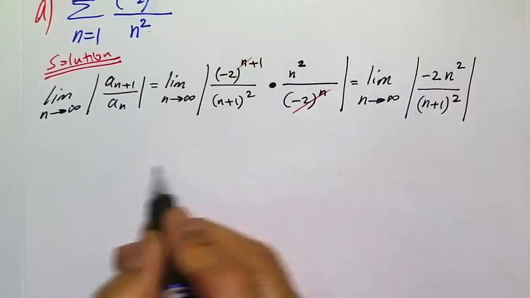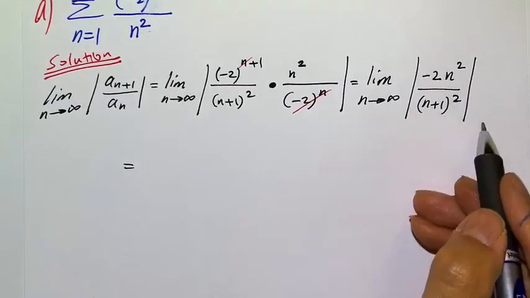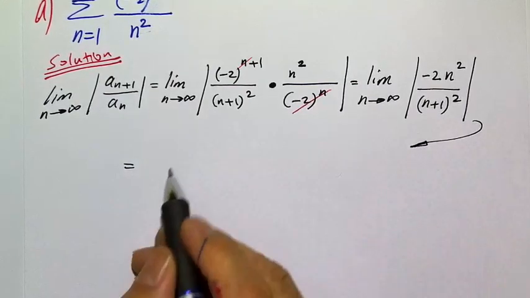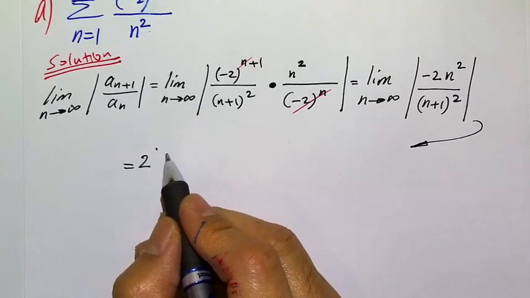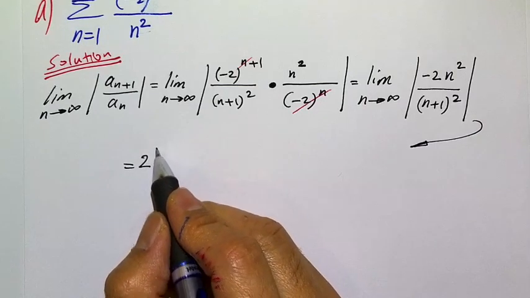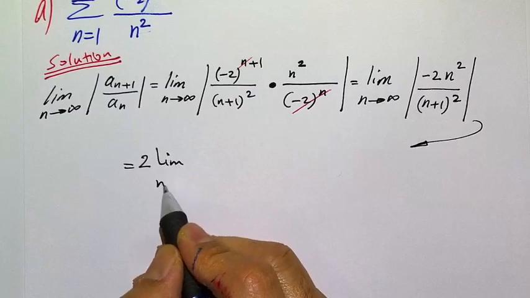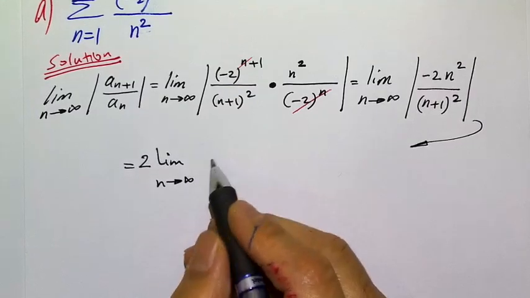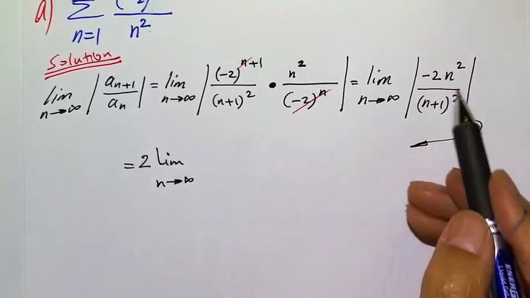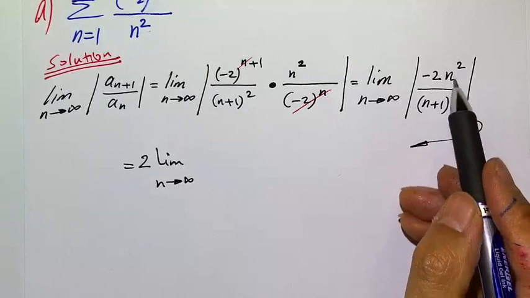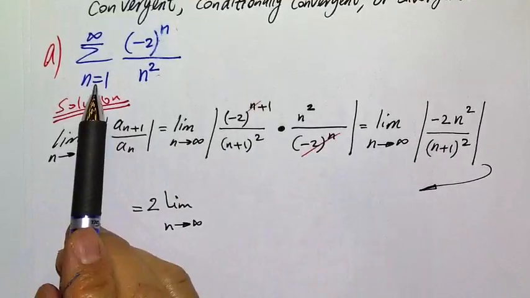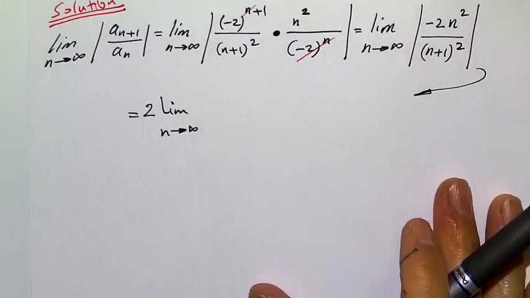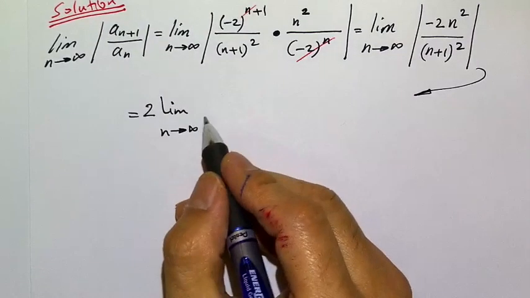So then we have 2 times the limit as n goes to infinity of, and we don't need absolute value for n because n is always positive, right? And that expression is always going to be positive.